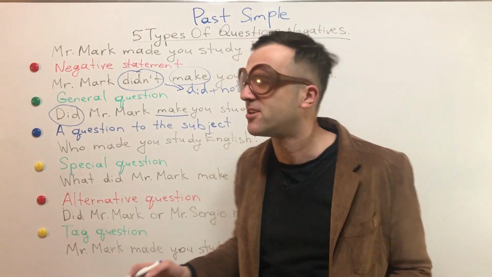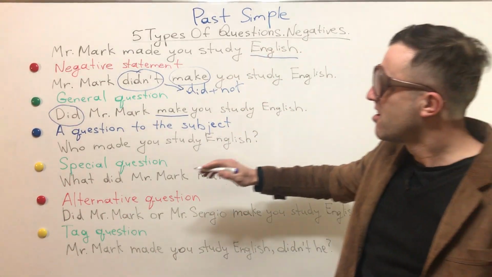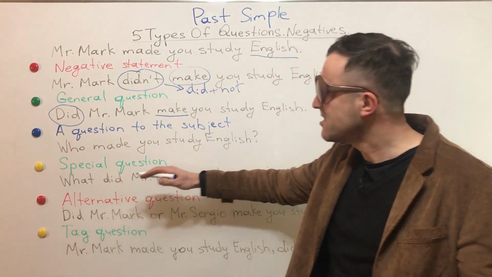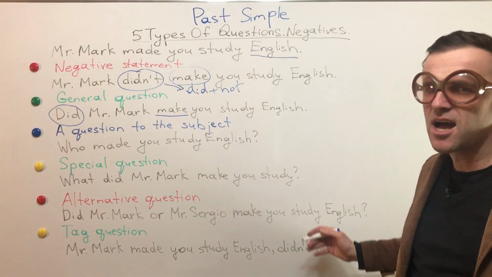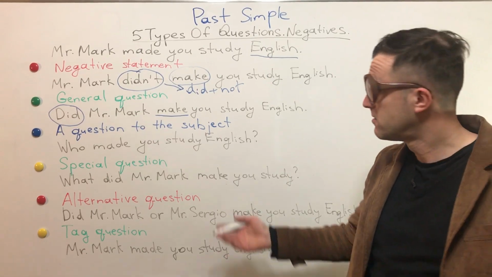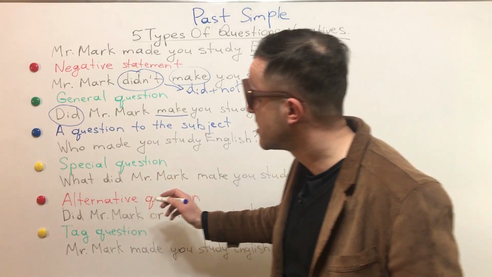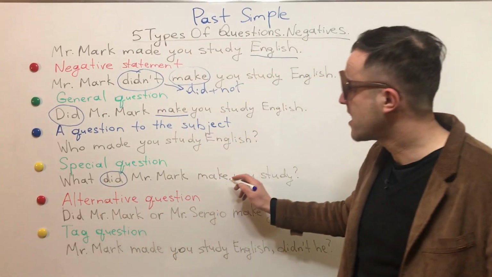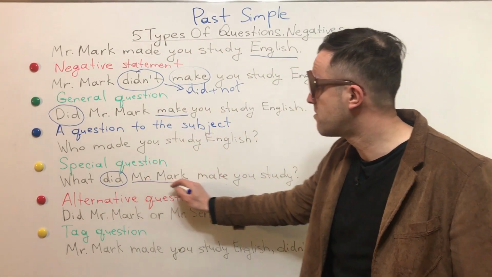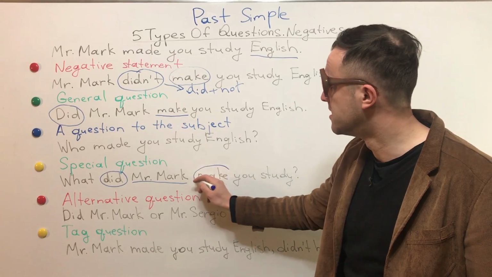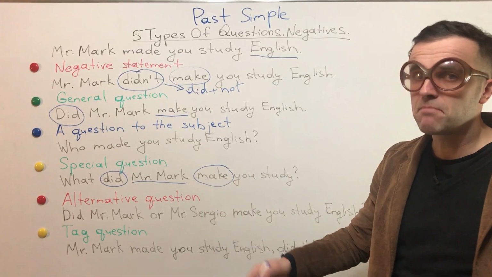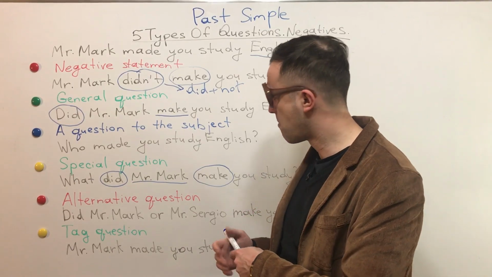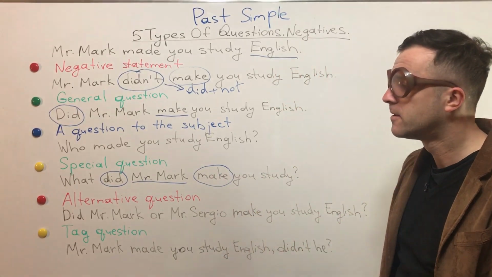So I mean English. What did Mr. Mark make you study? Very easy. And don't forget that we have did after what, and the subject Mr. Mark and make. Not made but make, because did took this past tense from made.